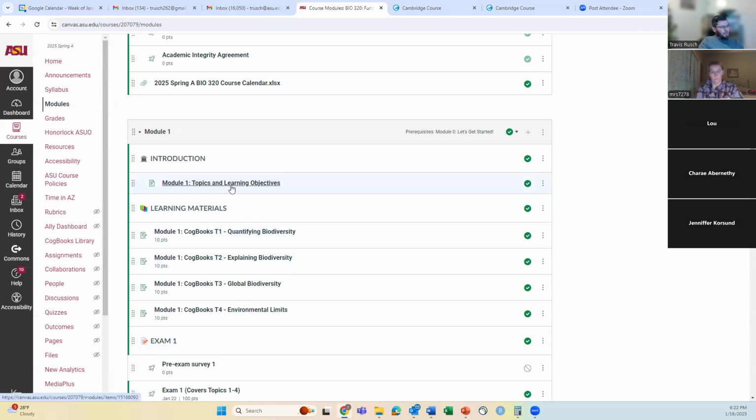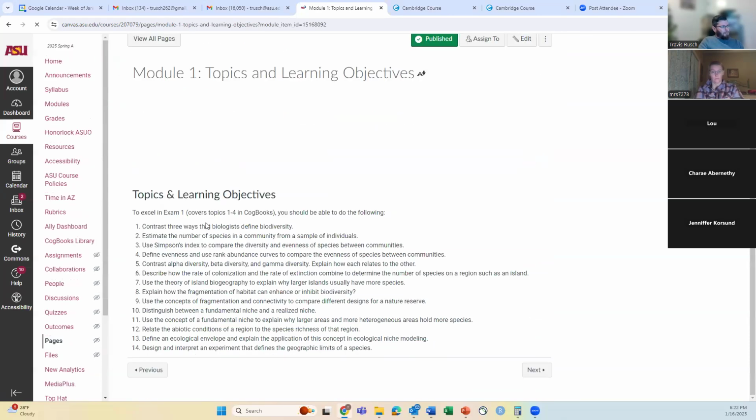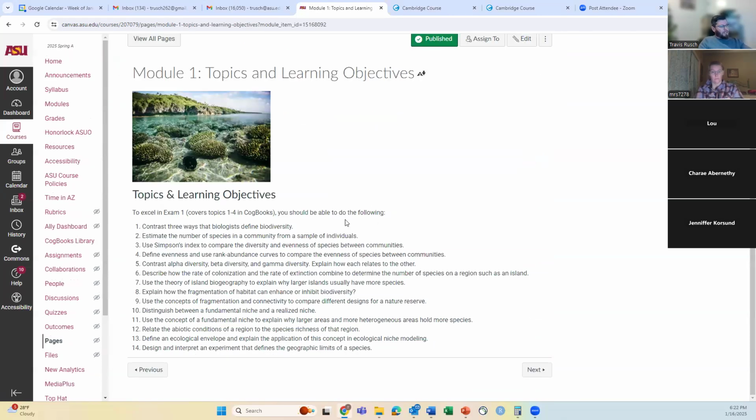If you go into the topics and learning objectives at the top, it gives you a review and some questions of what we covered. Some of the short answer and other questions are very similar to these, and they might expand on it or change it a little differently. But if you understand this, it will really show you what you understand for the topics and what you don't.